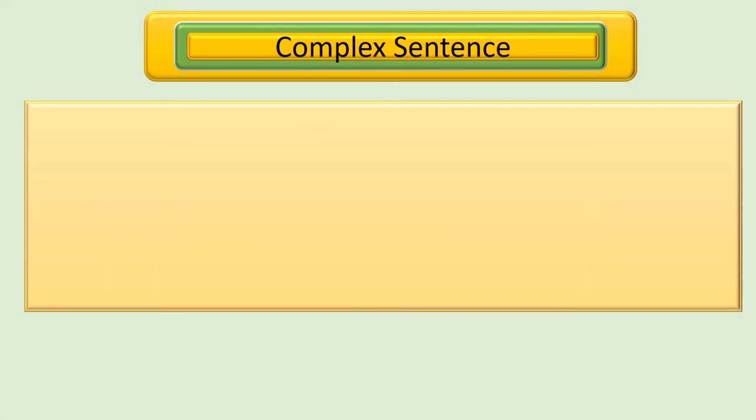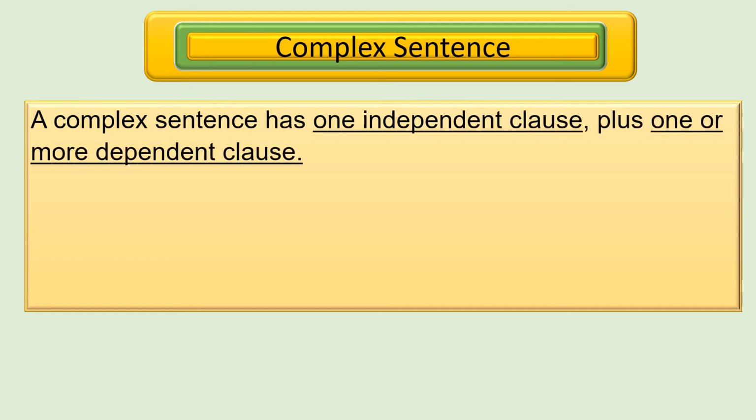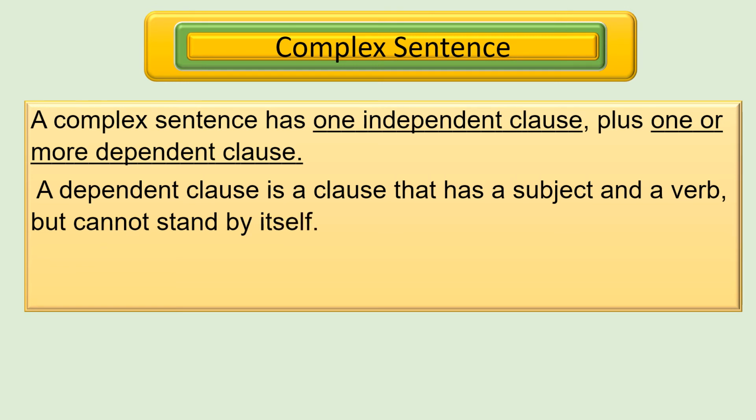Okay, last one, complex sentence. Let's find out what it is. A complex sentence has one independent clause plus one or more dependent clauses. A dependent clause is a clause that has a subject and a verb, but it cannot stand by itself.